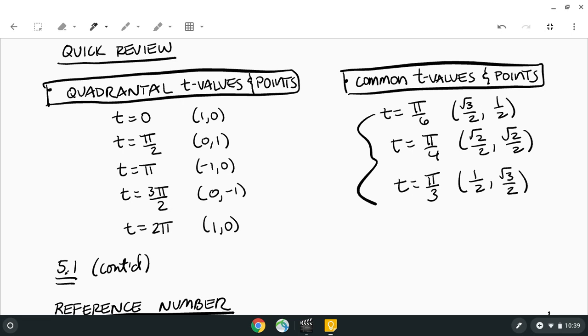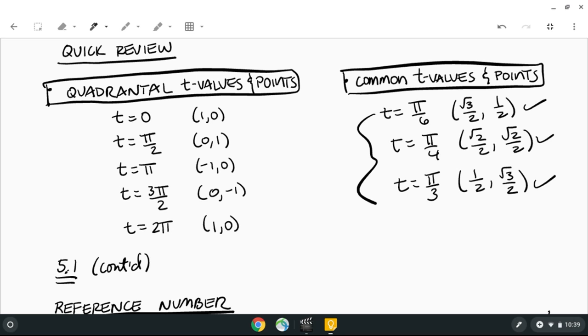Your terminal point might be outside of quadrant one, but your reference number is going to be one of these three, in which case your XY point will be exactly the same. If you get a reference angle of pi over 6, then your X and Y will be square root 3 over 2, comma 1/2, with an exception of the positive or negative.